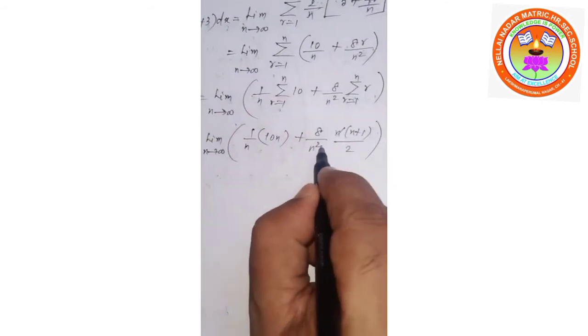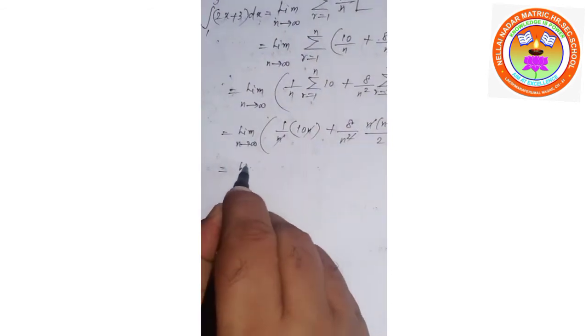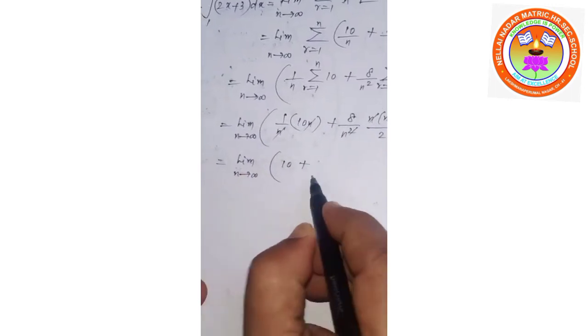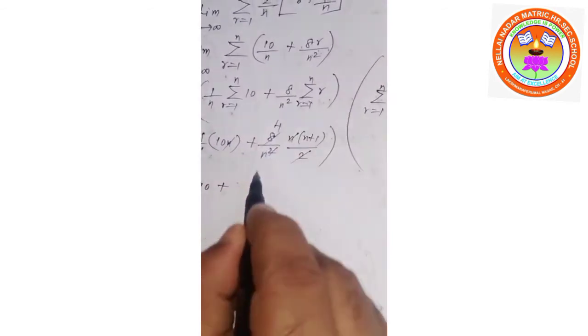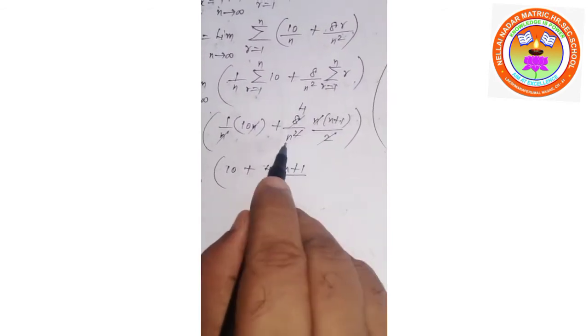Okay, 1 n gets cancelled, n gets cancelled. So limit n tends to infinity, 1 into 10, 10. 2 fours are 4, write 4 into n plus 1 by n plus 1 by n.